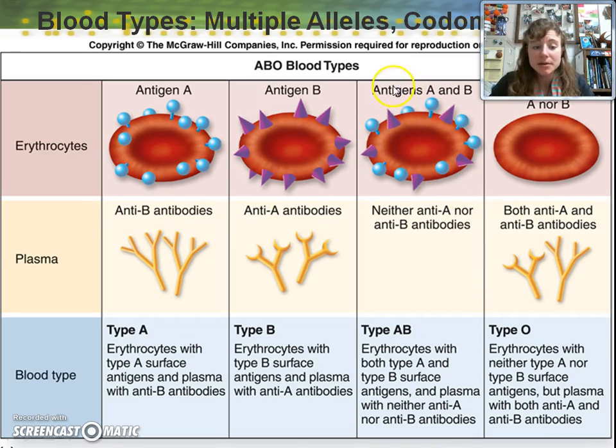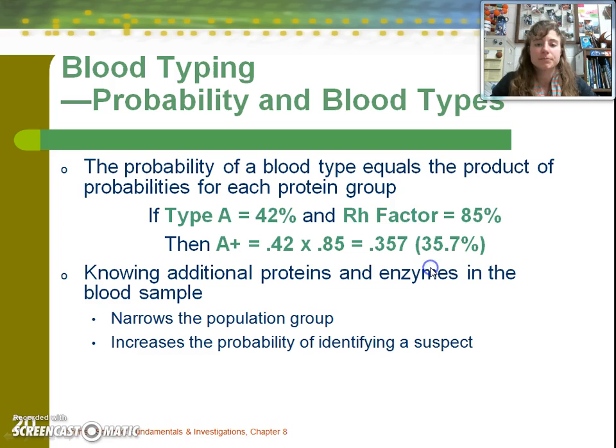Now, if you're AB blood, then you have both A and B antigens, you have no antibodies, and therefore can be universal receivers. They can receive from anybody. Conversely, O blood type people, and that would be me, have no antigens, they have both types of antibodies, and therefore can only receive from other O's.